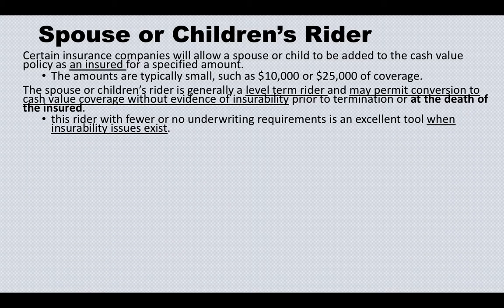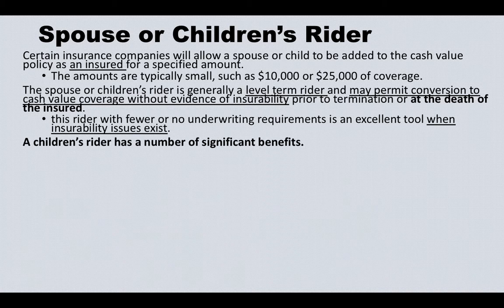The spouse or children rider is generally a level term rider and may permit a conversion to cash value coverage without evidence of insurability prior to termination at the death of the insured. So basically, it's a term insurance, but you can convert to a whole life cash value insurance in the future. This rider, with fewer or no underwriting requirements, is an excellent tool when insurability issues exist.